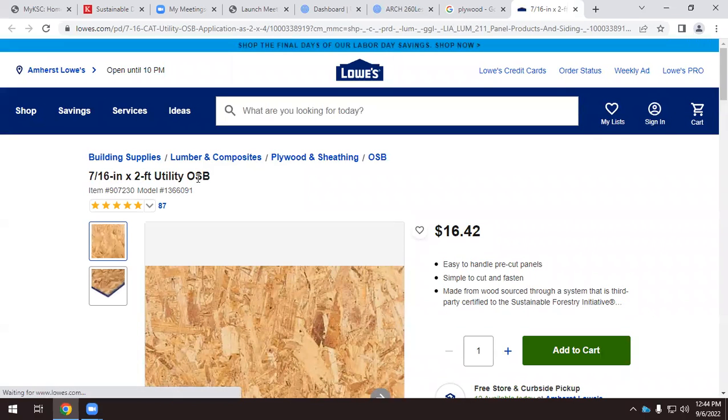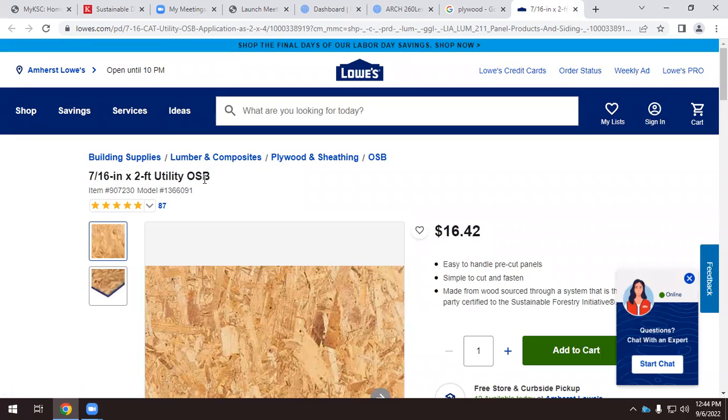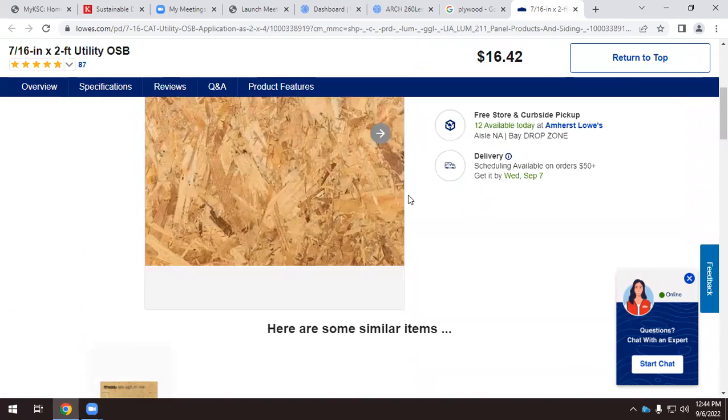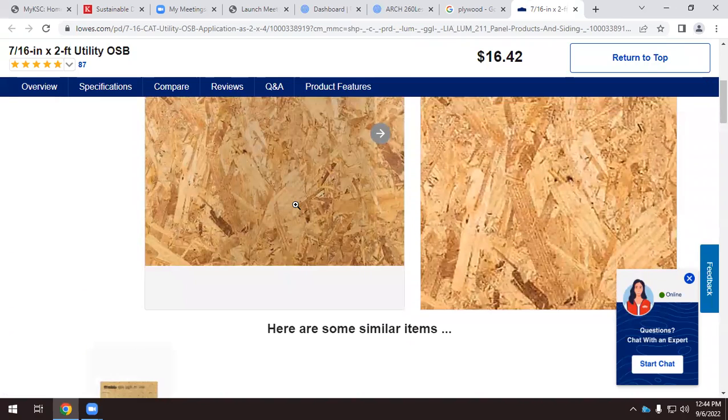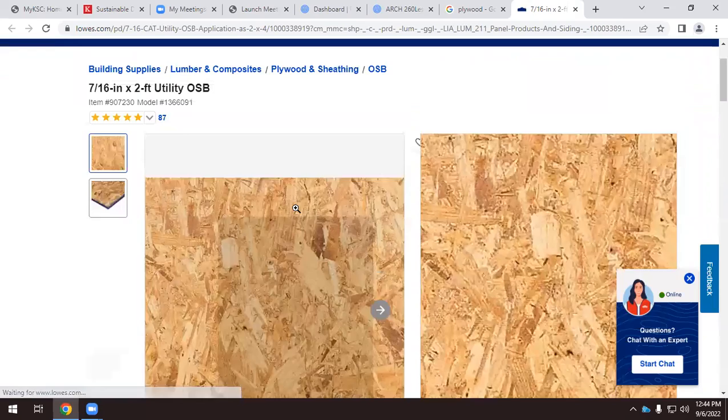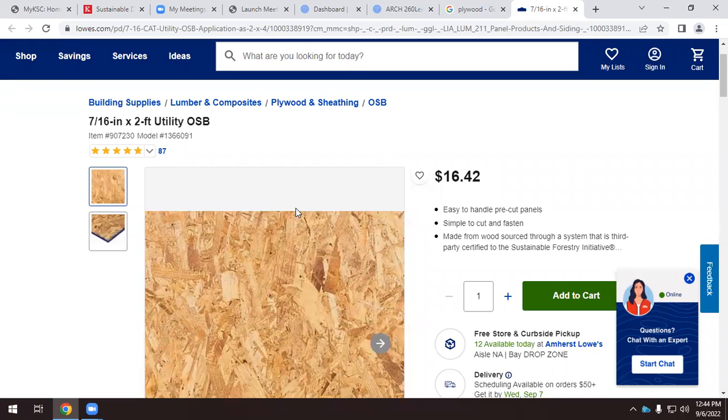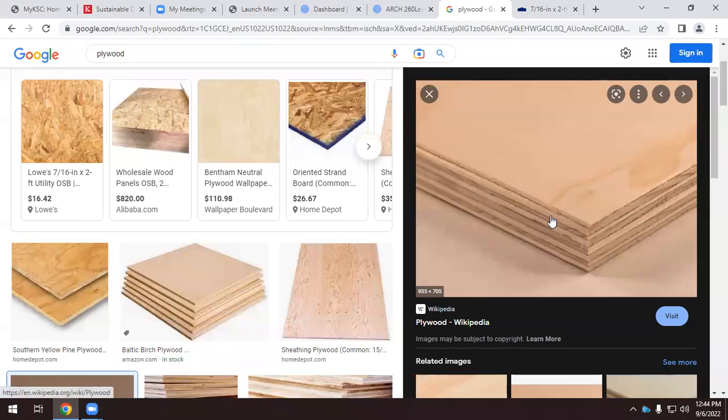That's what we can use on job sites, the OSB, for roofs and walls and all that. Okay, but anyway, this is the OSB and the other one is plywood. Is there a difference? Well, it's made of wood, but the way it is arranged, here we have different layers of wood, and then we stick with glue all these layers in different orientations, and we end up having this.